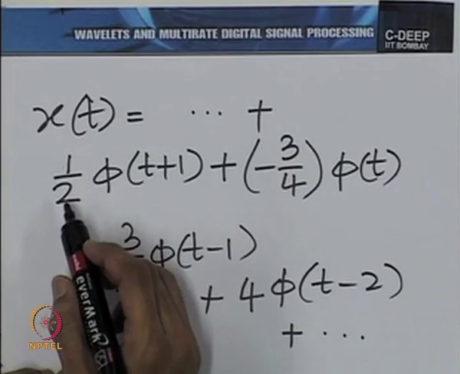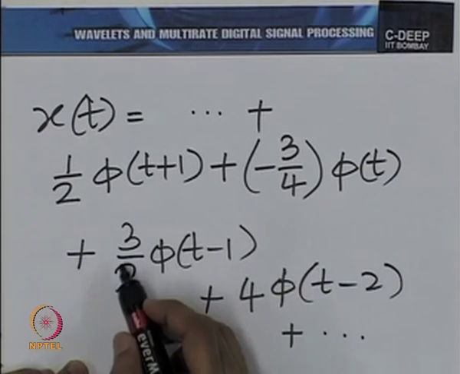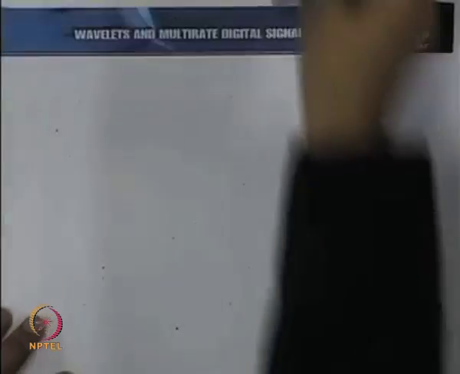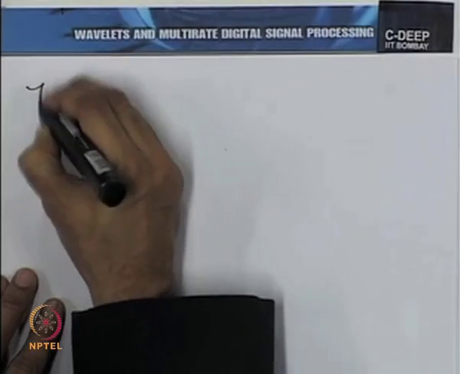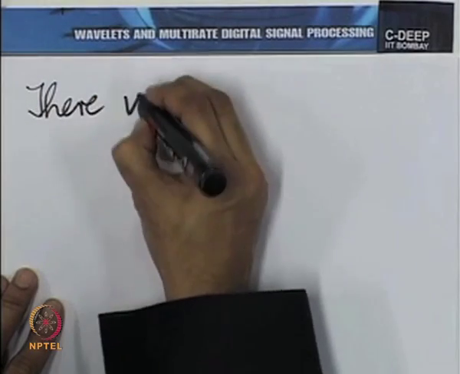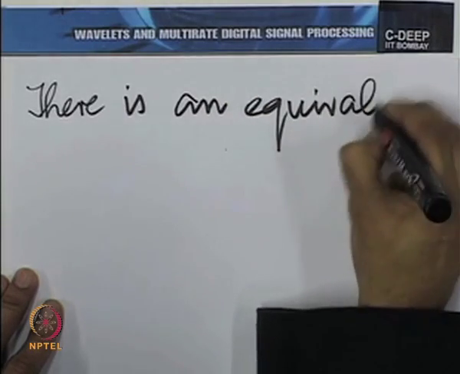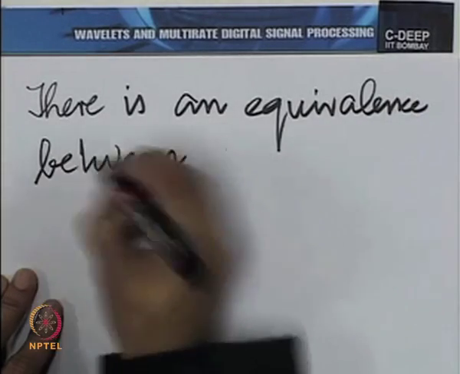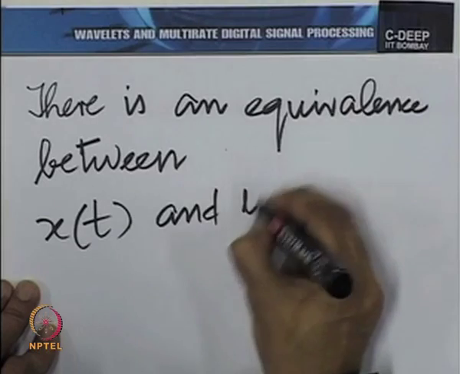dot dot dot and then half at minus 1, minus 3 by 4 at 0, 3 by 2 at 1, 4 at 2 and so on. So, in other words, there is an equivalence between x t and the sequence.